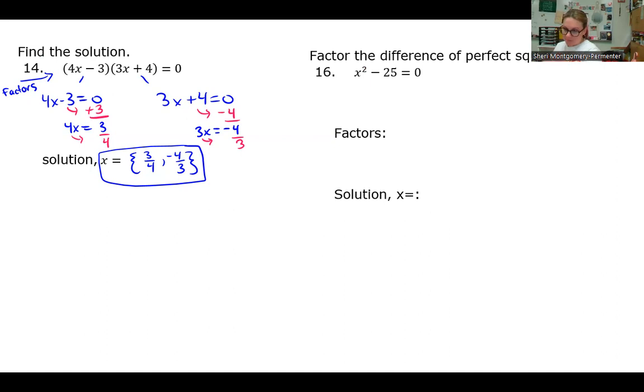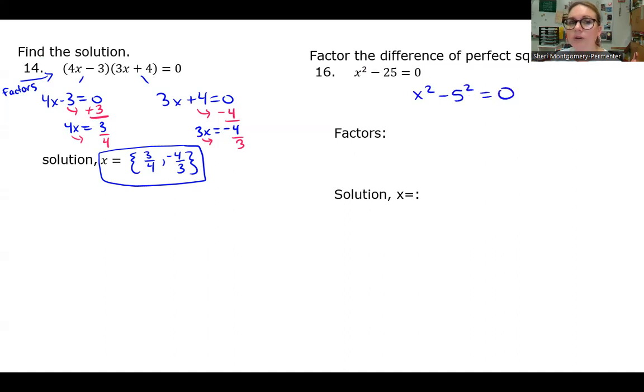Question 16. We have to factor, then find the solution. Whenever you see two terms, and I'm not telling you to GCF factor, two terms should be easy. Look for a perfect square. Is there a 25? Can we rewrite it as something squared? So this is the same thing as x squared minus 5 squared.